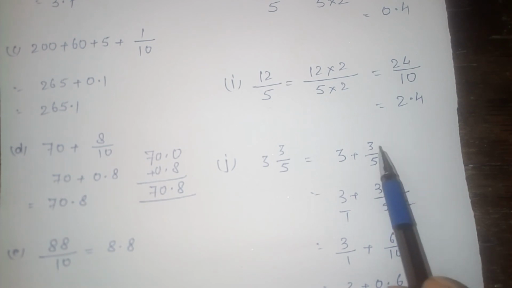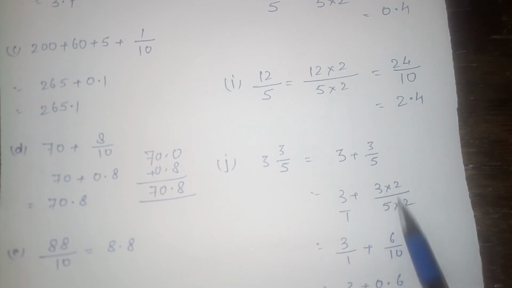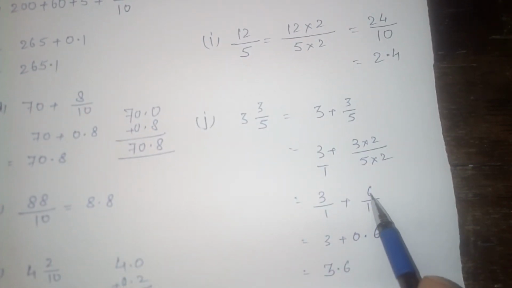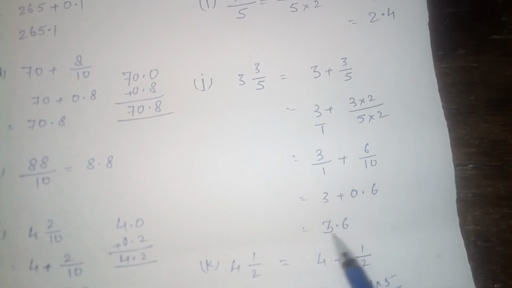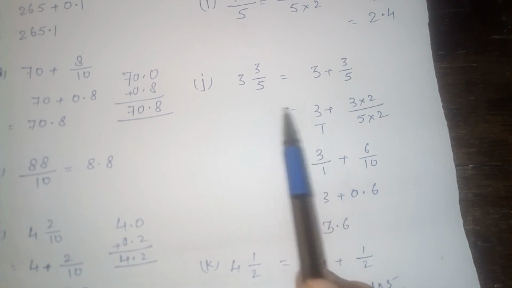So in numerator and denominator, multiply by 2. 3 into 2 upon 5 into 2. 3 twos are 6, 5 twos are 10, so 6 upon 10, which means 0.6. So 3 plus 0.6 will give you 3.6. 3.6 is the required answer of the given question.